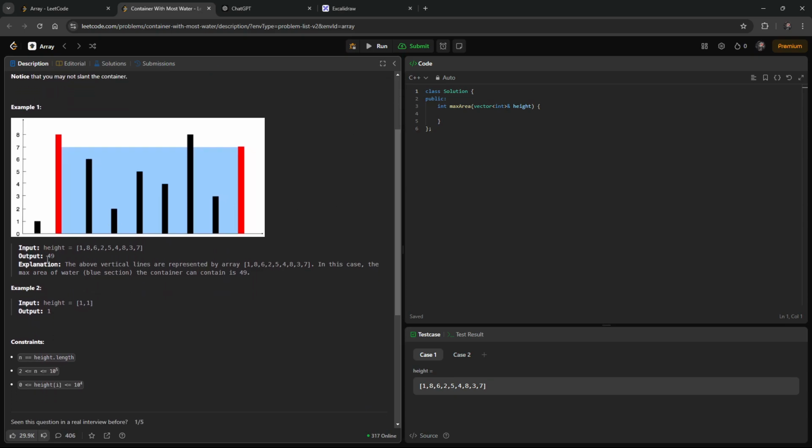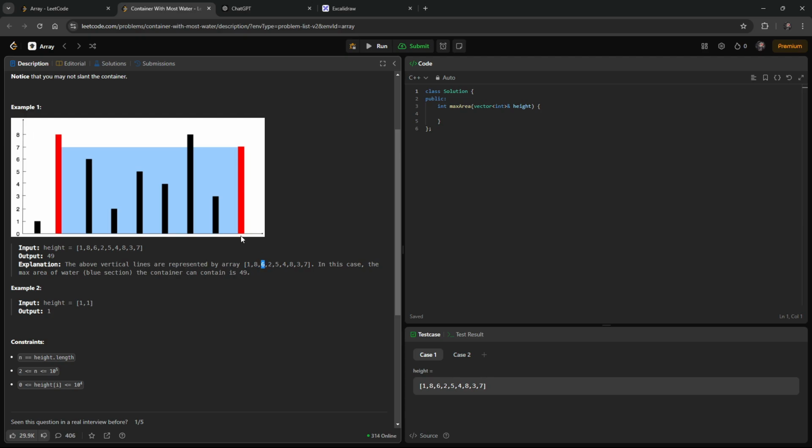So we have taken this input array, output 49. Explanation: the vertical lines are represented by the array. So we have to take the index as our length, and each value is its height.